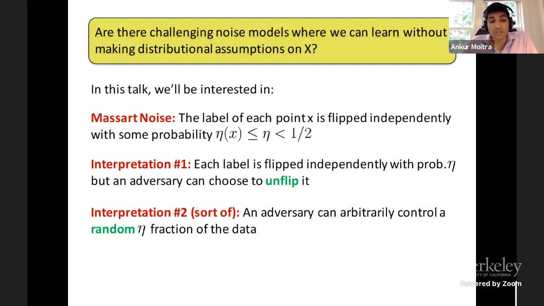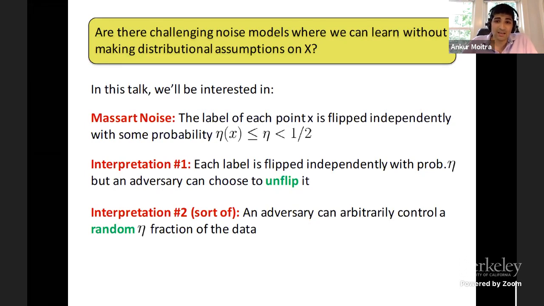There's another interpretation that I really like. I wrote "sort of" here because it's actually not literally the same thing. But it turns out that all of the algorithms that I'll be describing that work in the Massart noise model will also work in this interpretation as well. Instead, you can think about the adversary as being allowed to adversarially control the labels in your data.